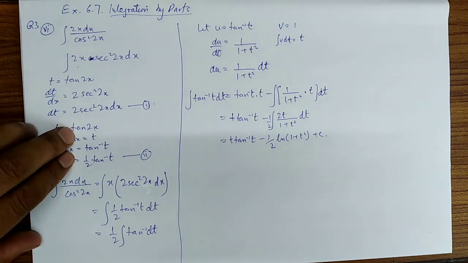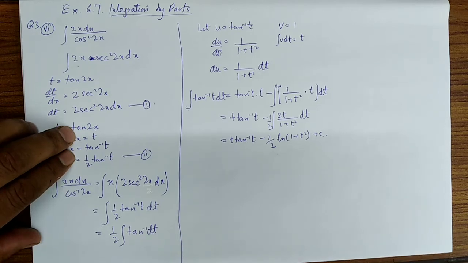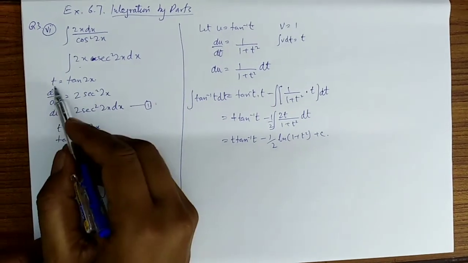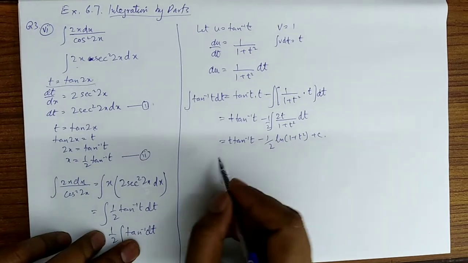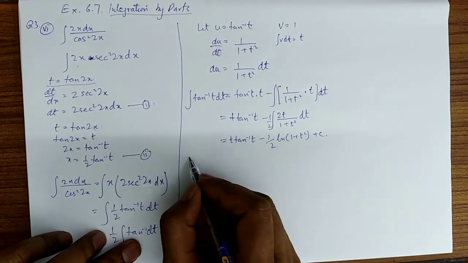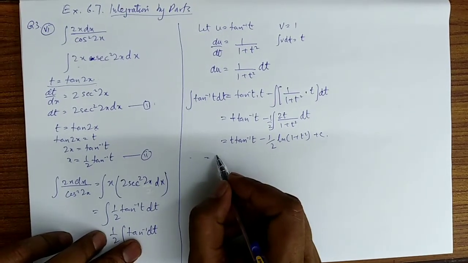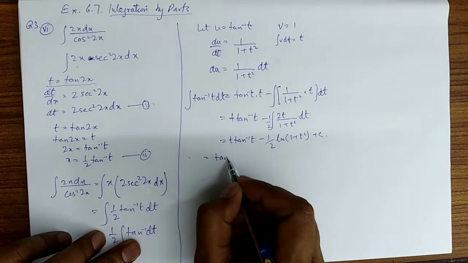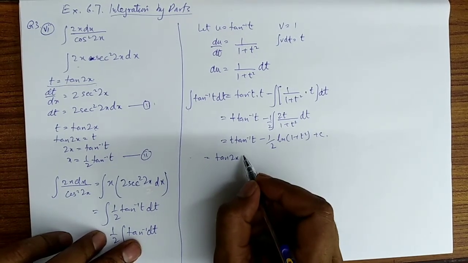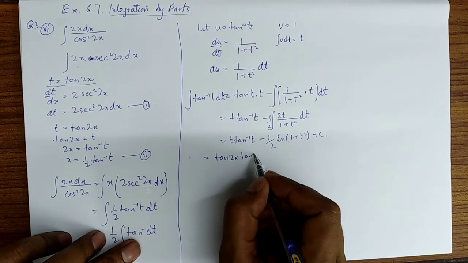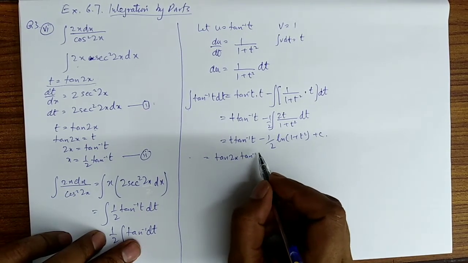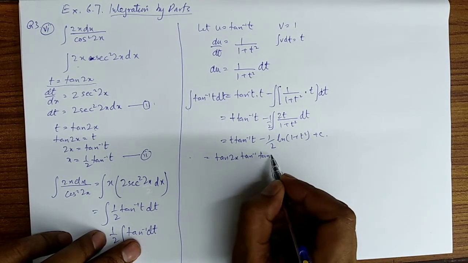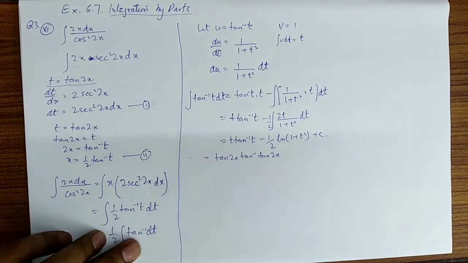So we have to convert this function into terms of x. For that we have to substitute the value of t which is given here, that is wherever there is t, put the value of t, that is tan 2x: tan 2x into tan inverse of tan 2x, right?